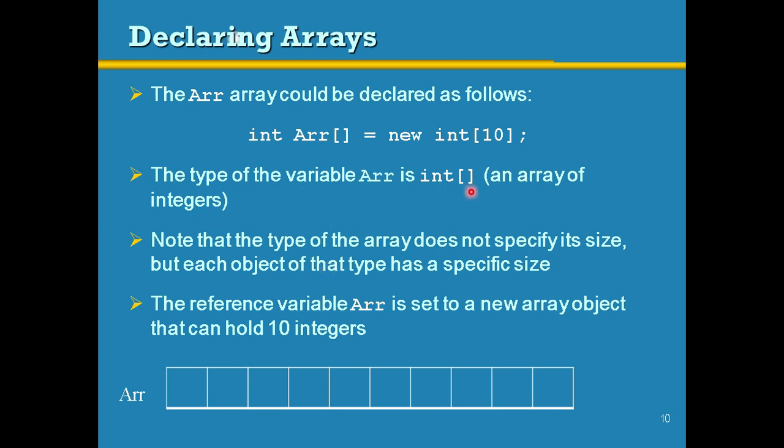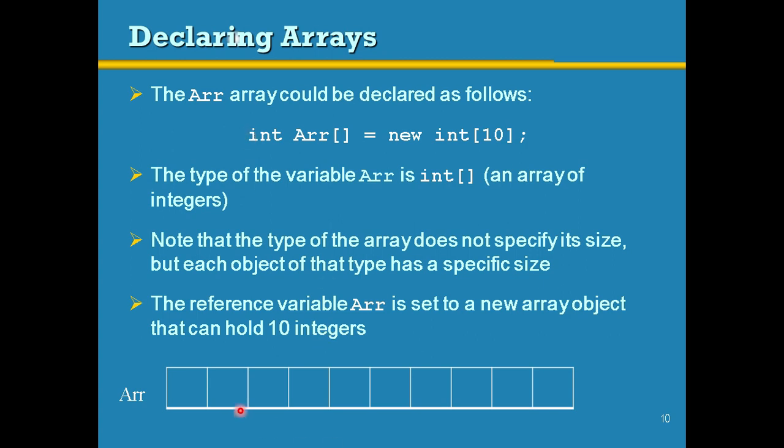See, integer type array. The type of array does not specify its size, but each object of that type has a specific size. Okay, we don't know now what the size is, but if you declare int 10, that means 10 memory locations of integer type, and you know the memory occupied by int, 4 bytes.